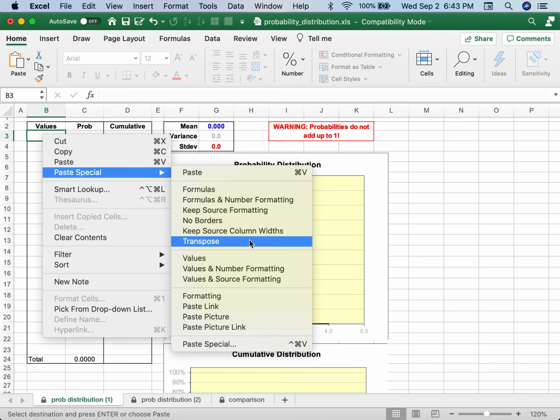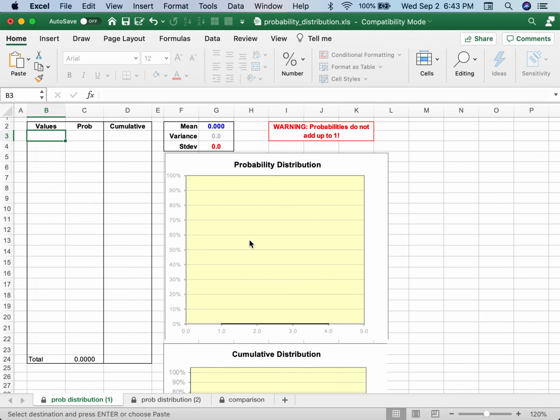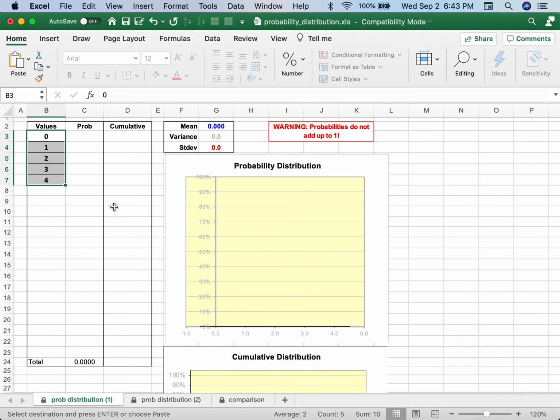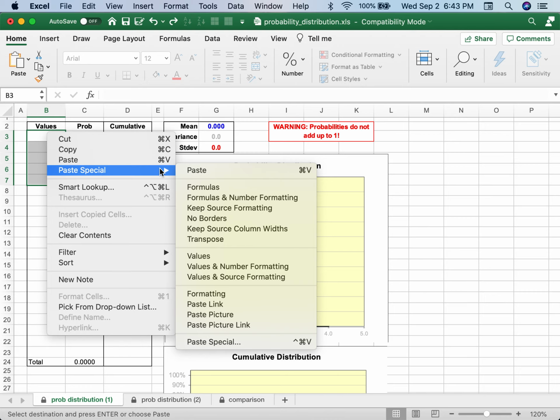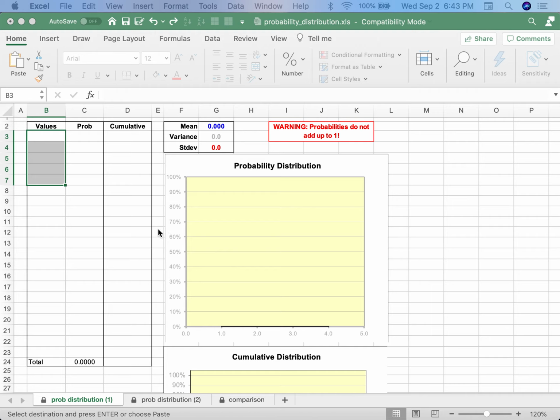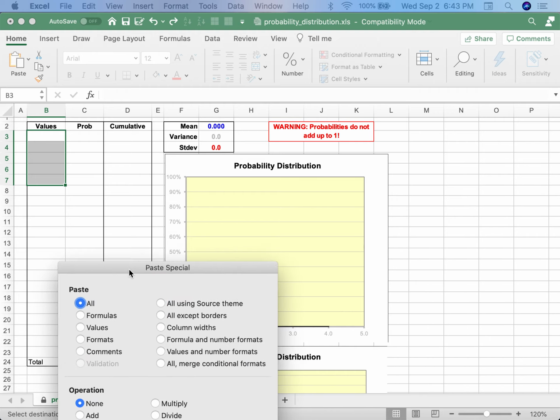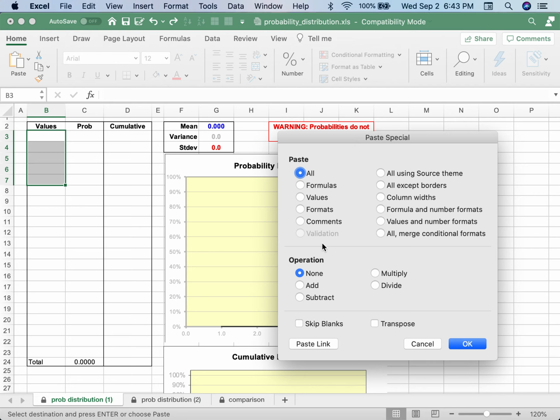And right click and say paste special, transpose. Now why do I put transpose? I'm actually going to hit Command Z and do that again, Command paste special, and I'm going to click on paste special down here at the bottom so that I can do more than one thing at once. There's a dialog box.